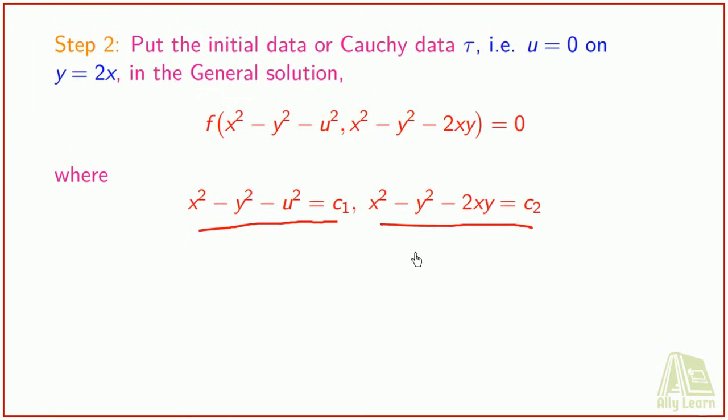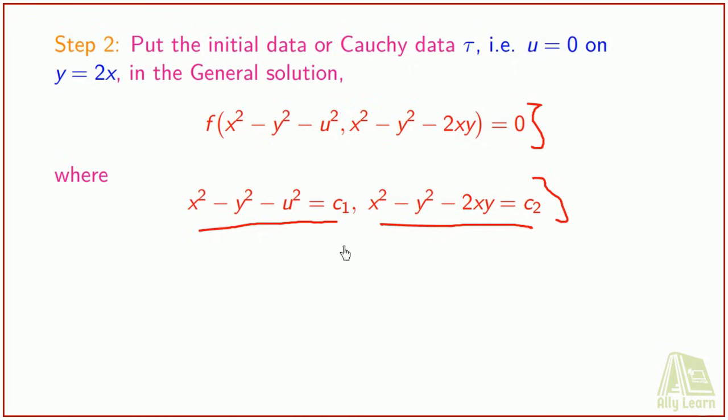So friends, as I told you earlier, putting the Cauchy data in this expression can make calculations tougher. So we will put the Cauchy data in these two expressions and we will get a relation between C1 and C2, and the same relation will connect x square minus y square minus u square and x square minus y square minus 2xy, that is my phi and psi.